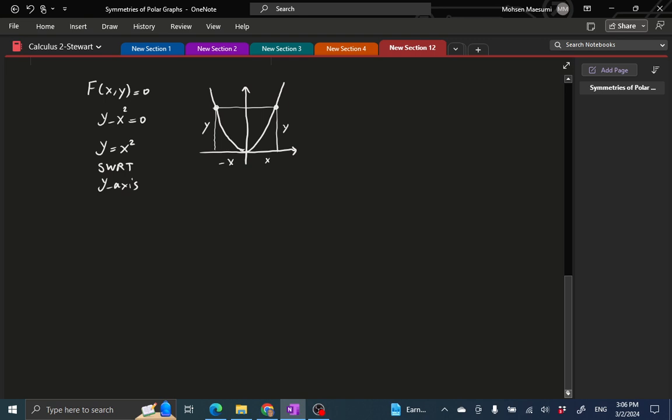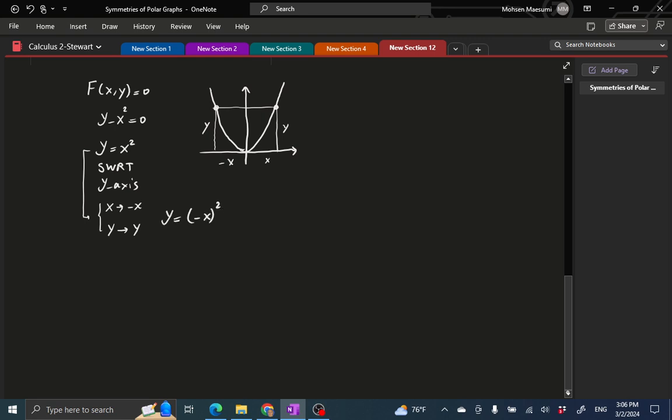From this we conclude that if you take an equation and replace x by minus x and replace y by just y, which means don't touch the y at all, and the resulting equation is equivalent to the original equation, then you have symmetry. So here I do the replacement, I get y equals minus x squared.